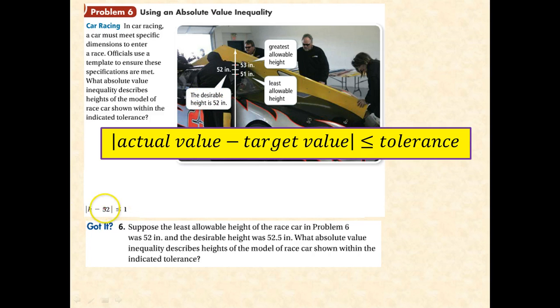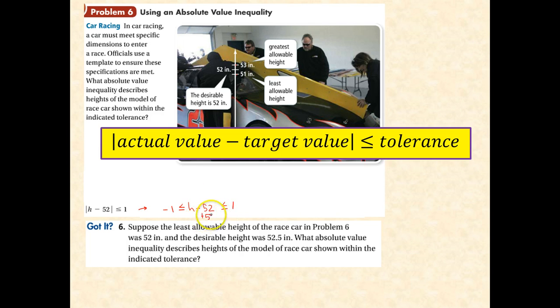And if we were to solve this, we would end up getting this range here from 51 inches to 53 inches. Because you would put negative 1 less than or equal to h minus 52 less than or equal to 1.